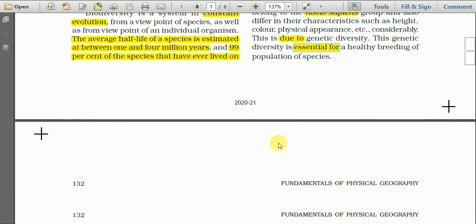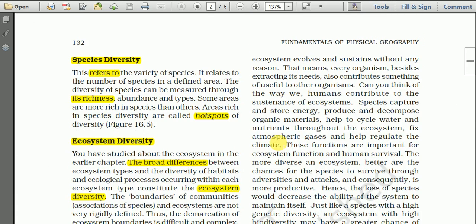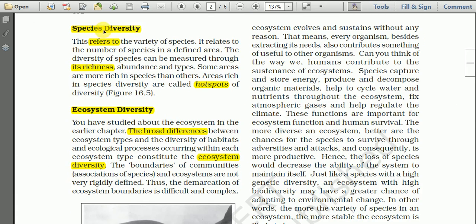Yes, sir. Okay, then next one we have species diversity. Meaning of species you have learned earlier. Species refer to a group of individual organisms having similarities in the physical characteristics.